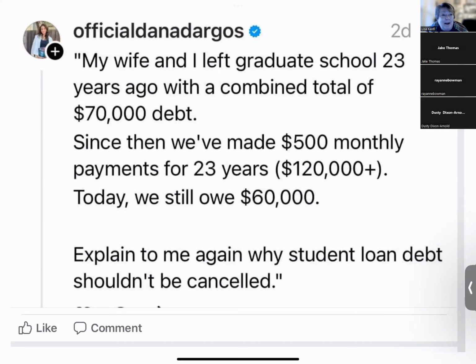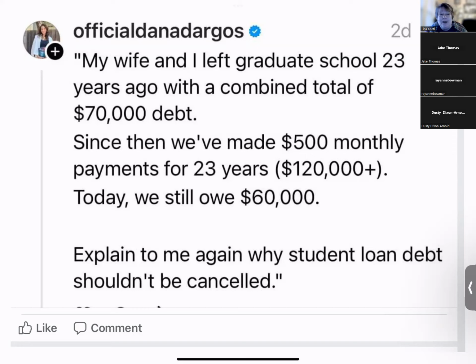Did you put this debt on a credit card? No way. Why would you take out a student loan with a 23-year payment? Is that because you want your payments to be low? I suppose. But what kind of interest rate are you paying? The whole thing is kind of sketchy.